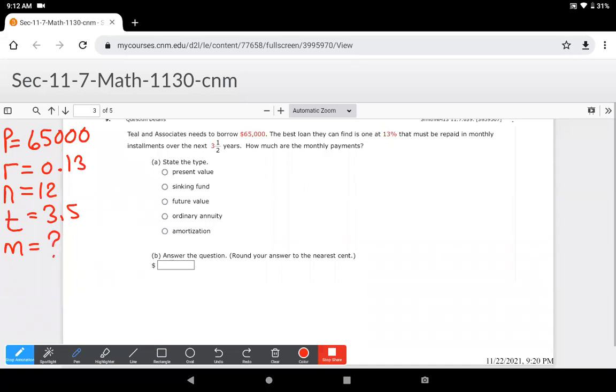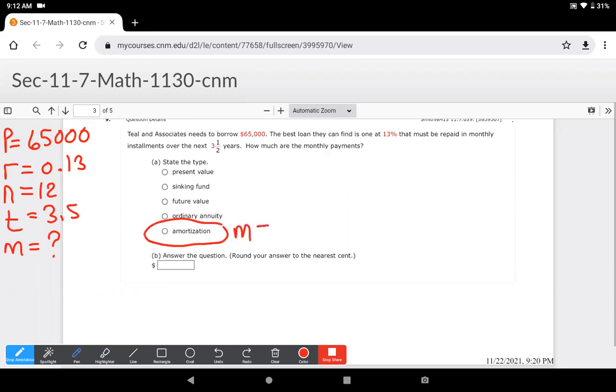When we're looking for M, we have two formulas. In one, A is known, in the other, P is known. We're looking for M and P is known. So this is amortization, right?